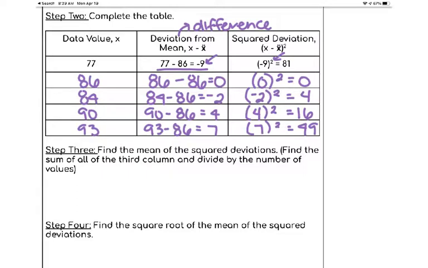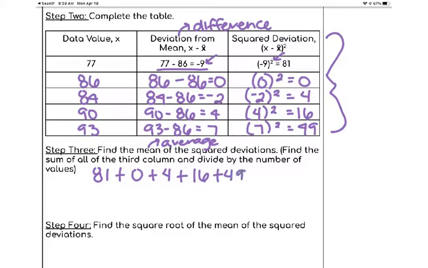So once we have completed that table, we're now going to use the information that we gained from it to find the mean of the squared deviations. Remember that a mean is an average. Okay, so we're finding an average of the squared deviations. Well, when you do that, you're going to add all of the squared deviations, which is everything in this third column, and you're going to divide by however many values you have. So let's start. 81 plus 0 plus 4 plus 16 plus 49 divided by 5.